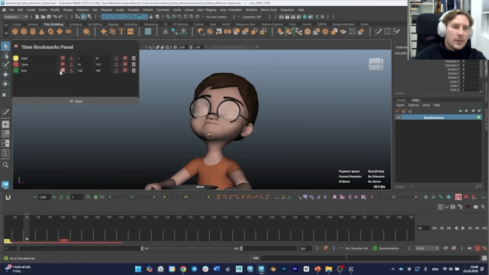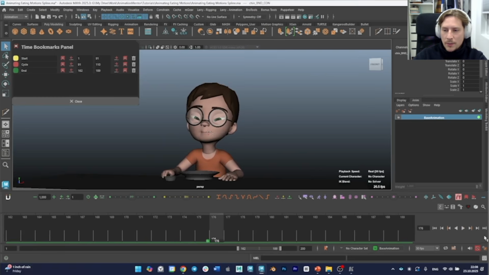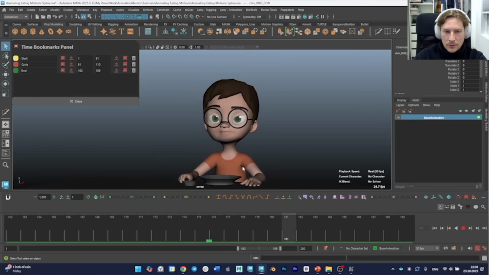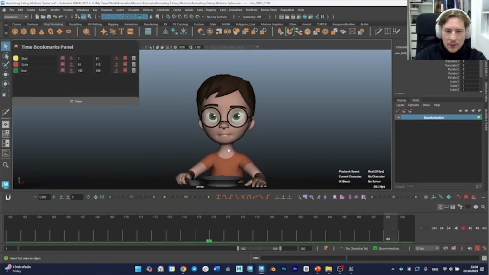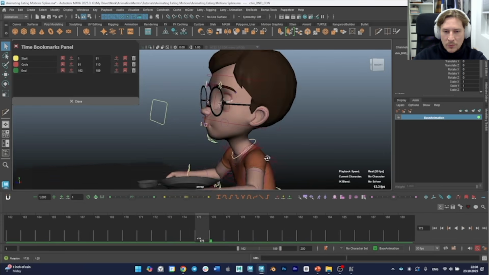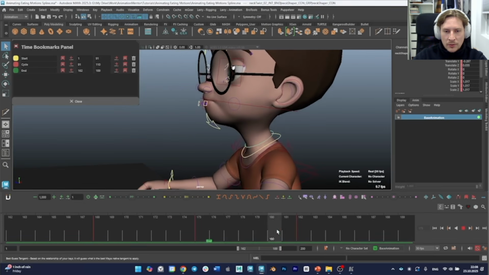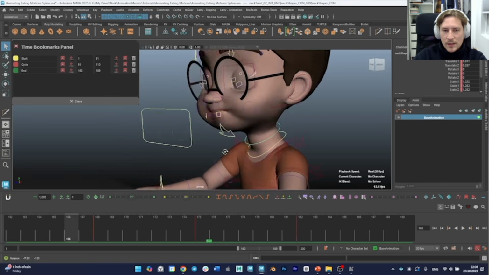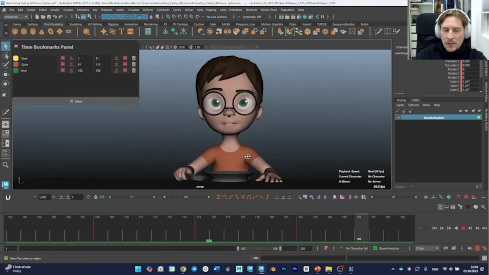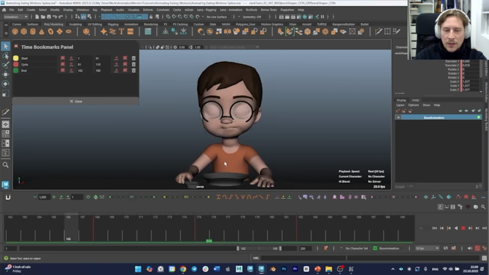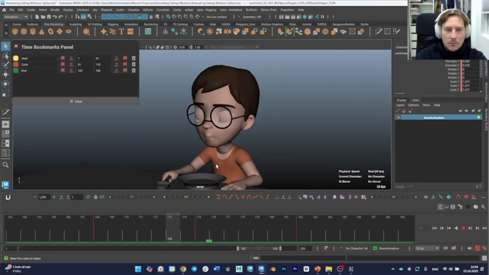Yeah, here we go. And there is the last part. Let me turn off. So you can see how the food basically goes. It's one control that basically goes down and up again, simulating the Adam's apple or throat that the food goes through. And the motion.